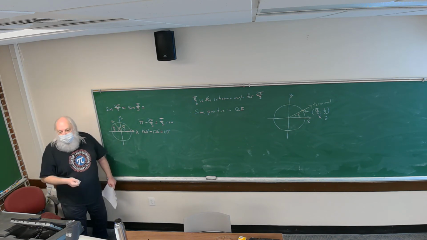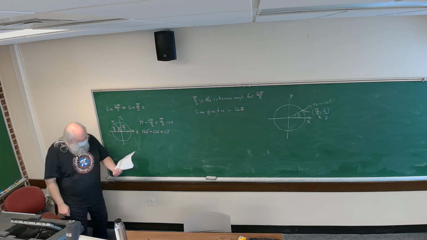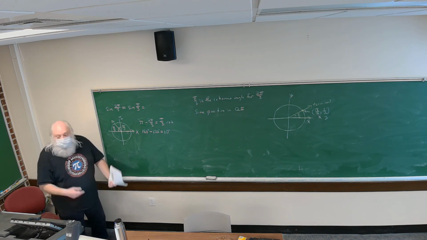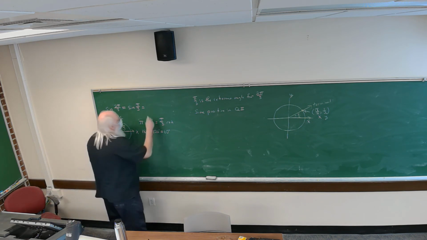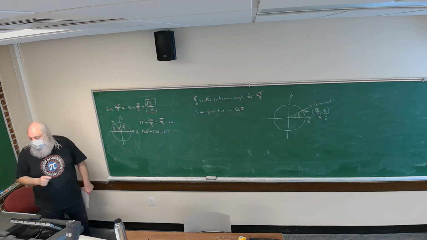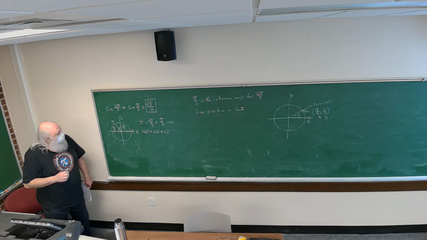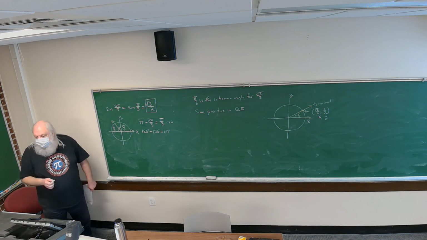And what's the sine of pi over 3 radians equal to from the previous page, bottom of page 4? Square root of 3 over 2, right? That's how this works with reference angles.